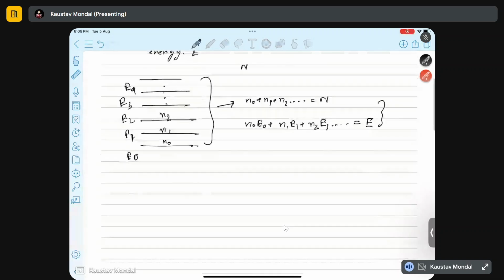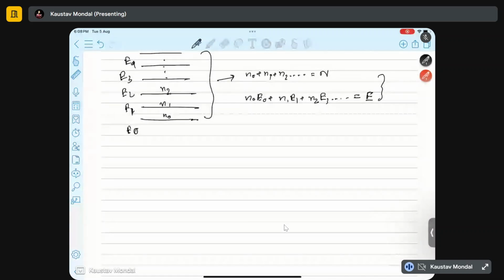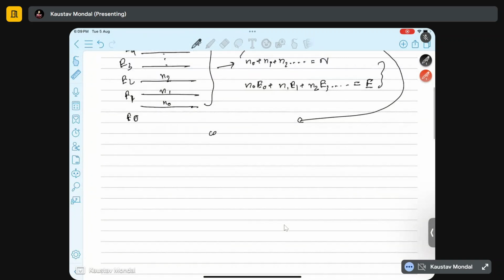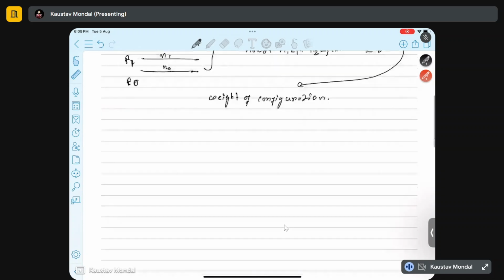Now for this kind of system, we discussed how in different configurations these particles can be distributed, right? We calculated the weight of configuration, denoted by W, which is simply N factorial by N0 factorial, N1 factorial, N2 factorial.